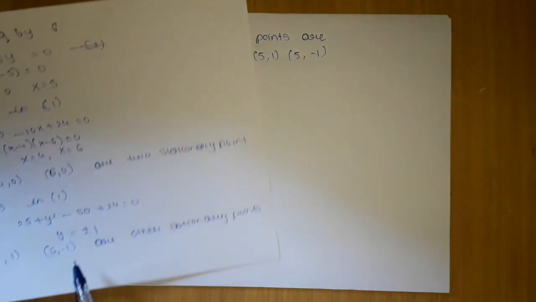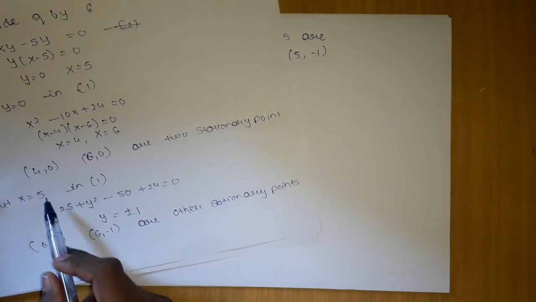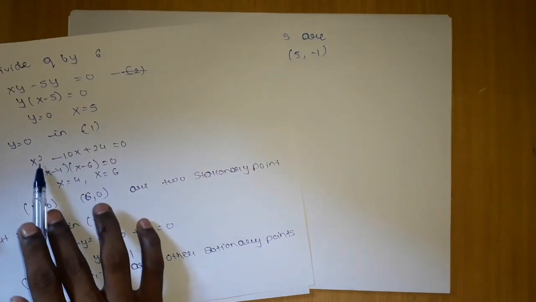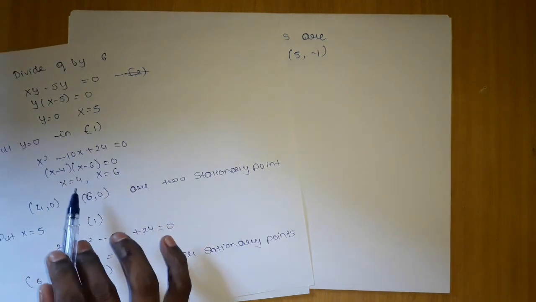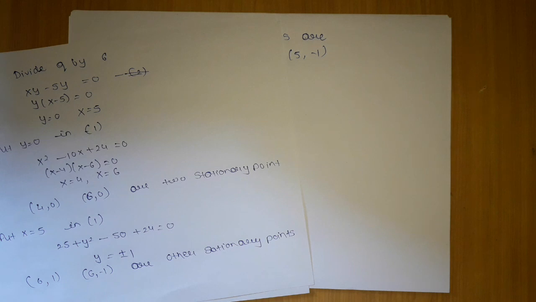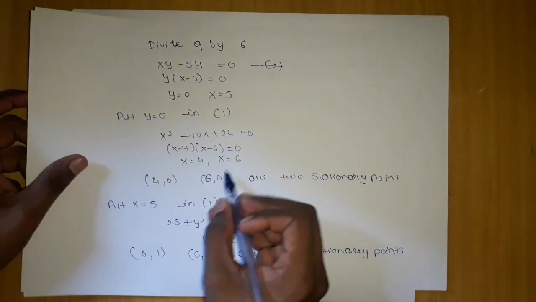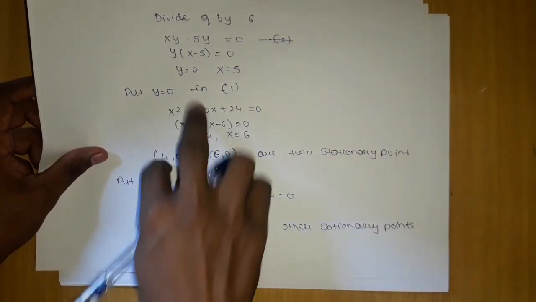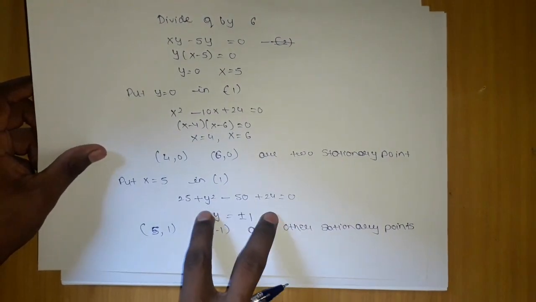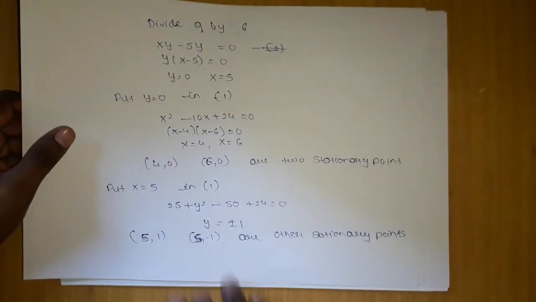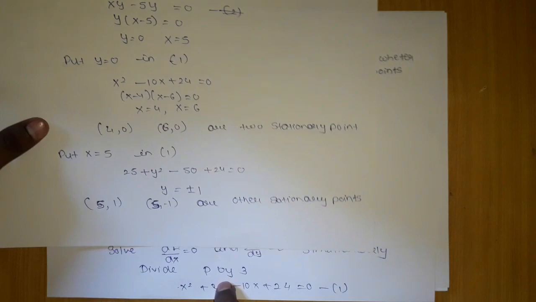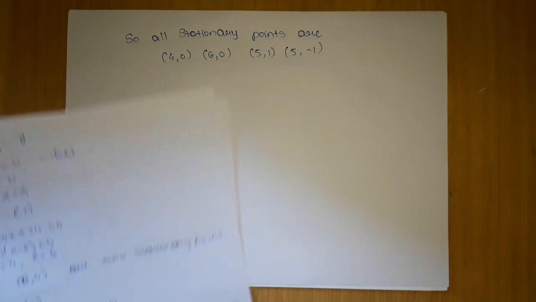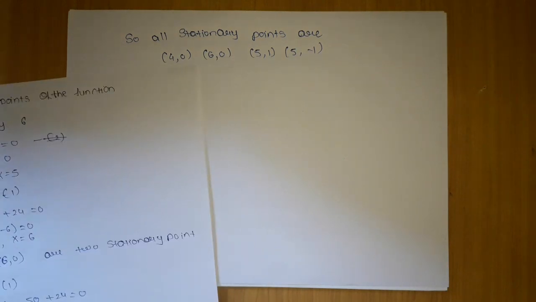No, wait, okay, sorry, we put the value x equals to 5, so this is 5 comma 1, 5 comma minus 1. These two values were with respect to the 0, and these two values were with respect to this x equals to 5. Hope I made the correction wherever I mentioned these points. So these are all the stationary points which we have.